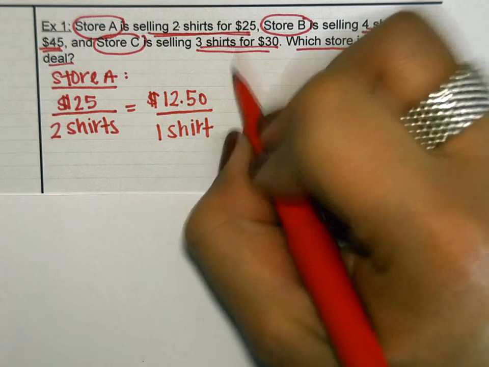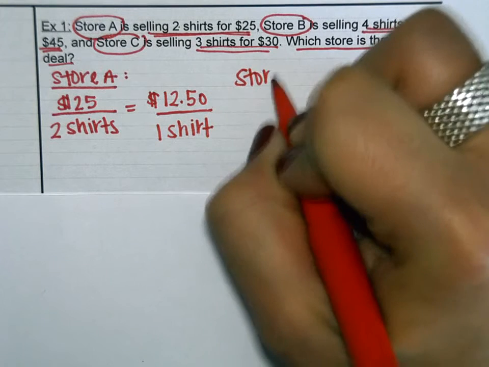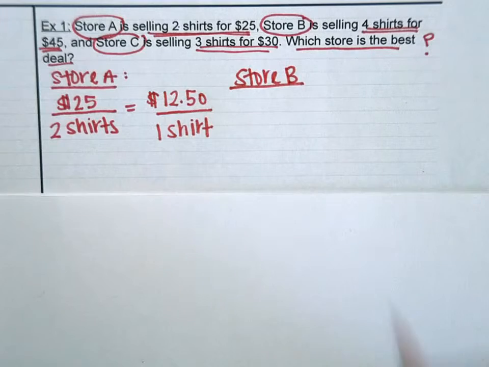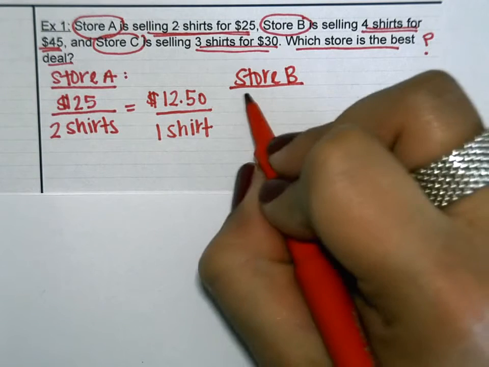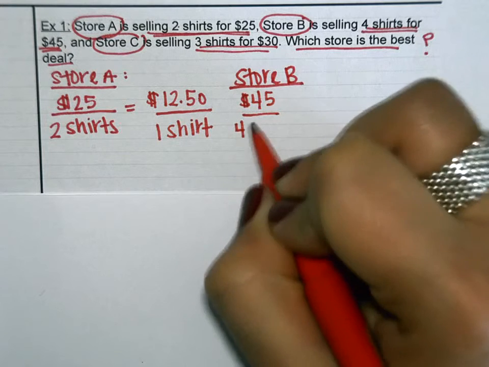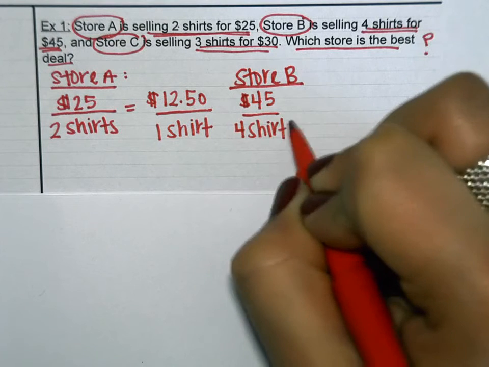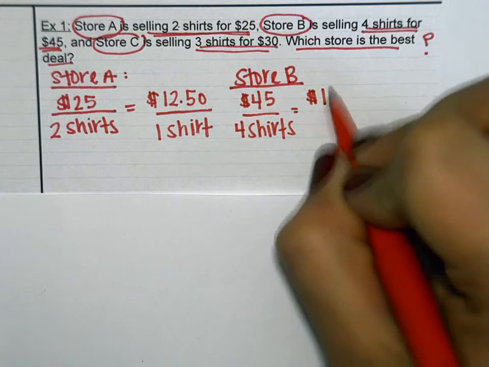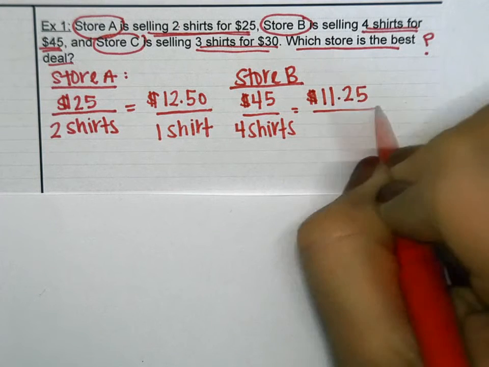Now let's do store B. So store B is selling 4 shirts for $45. So it costs $45 for 4 shirts, which reduces to $11.25 for 1 shirt.